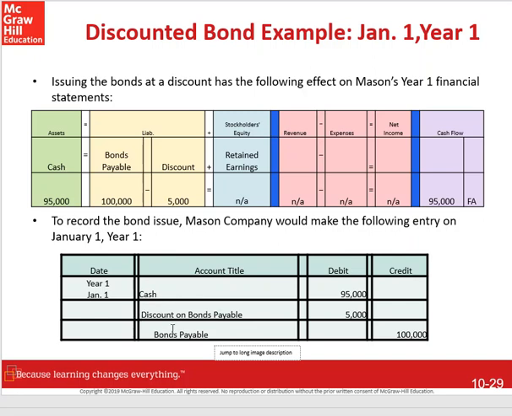So it's an offset against your liability, which is bonds payable. So it's a negative liability. So we've got cash going up, and then bonds payable goes up $100,000, while discount, that's a minus discount, is bringing down the liabilities side of the equation. And the cash flow is FA, financing activity. So that's at the issue date.